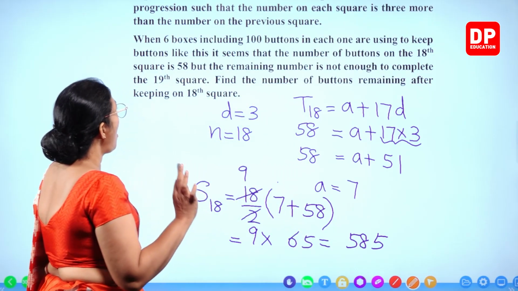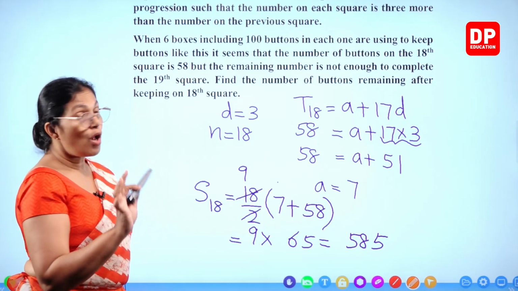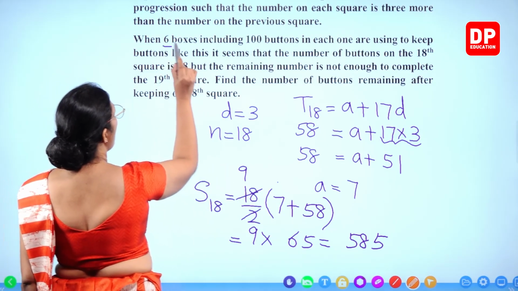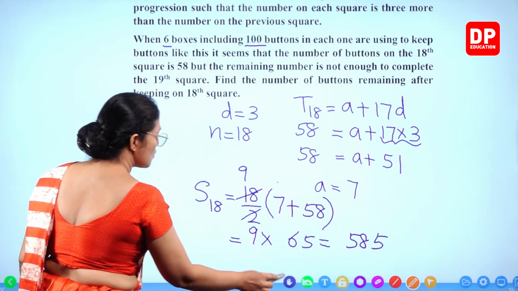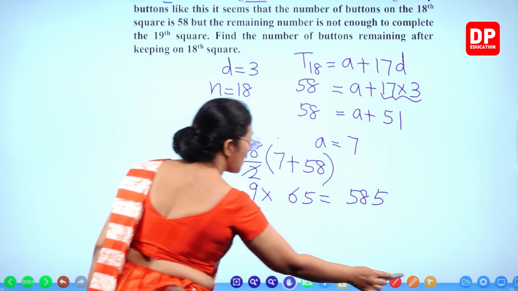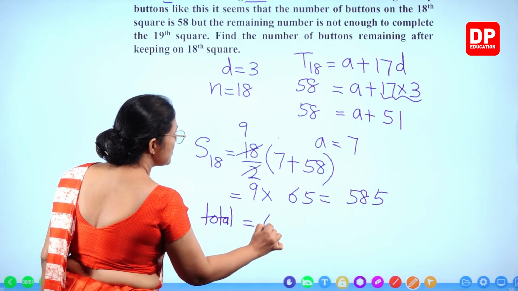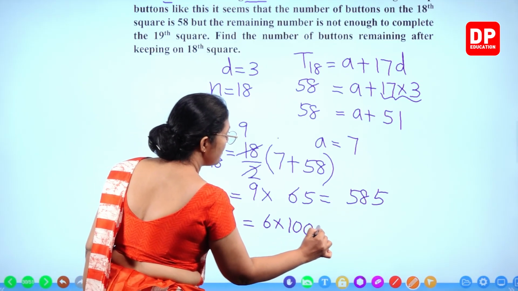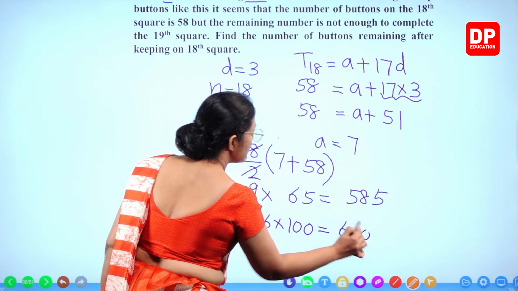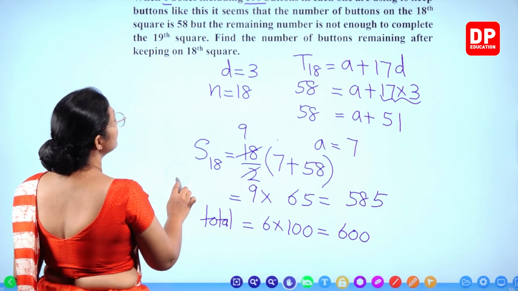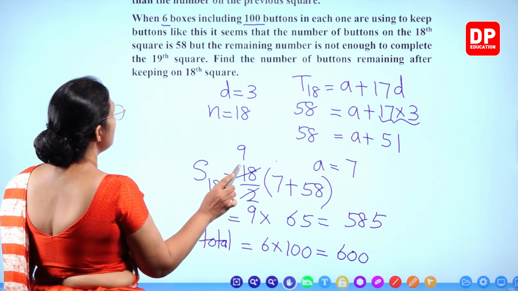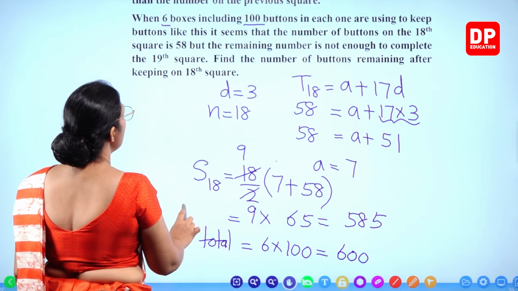But how many buttons altogether? 6 boxes of 100 buttons. So total buttons are 6 into 100, that's 600. So what is the number of buttons remaining after keeping on 18th square?